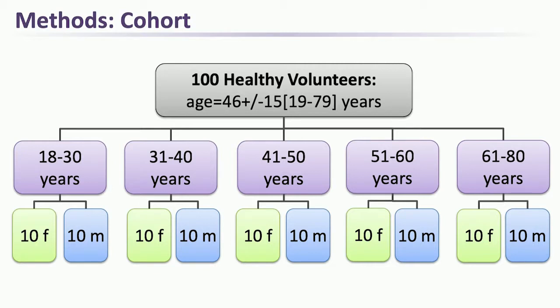The cohort consisted of 100 healthy volunteers, average age 46, and spanning from 19 years to 79 years old. They were stratified into 5 different age groups, so 18 to 30, 31 to 40, 41 to 50, 51 to 60, and 61 to 80. Each age group then had 10 females and 10 males.